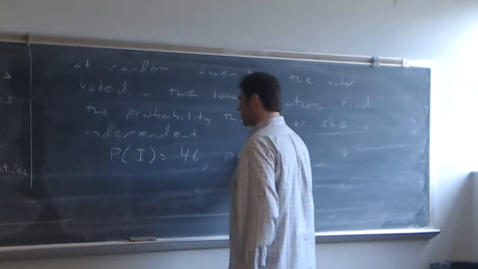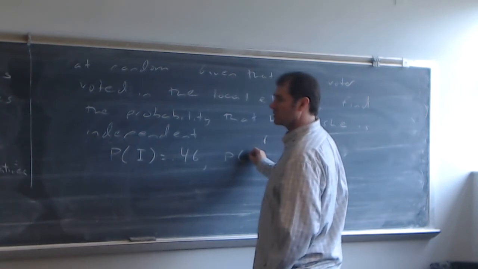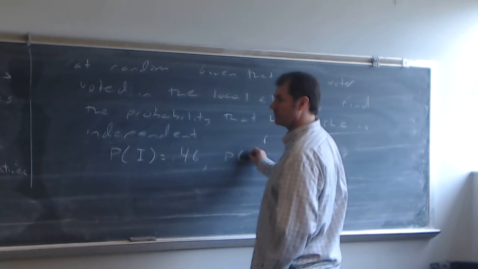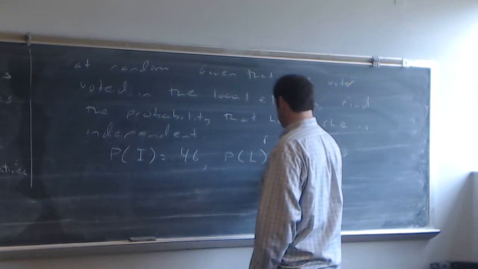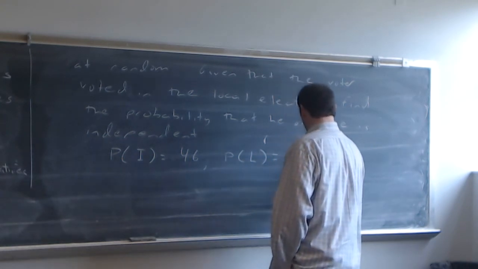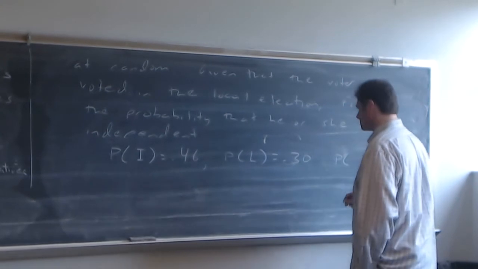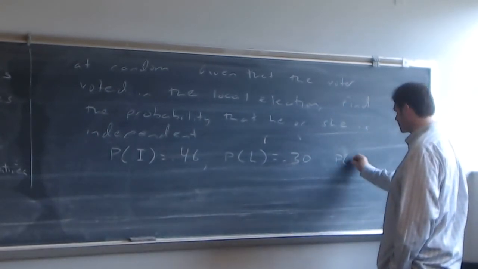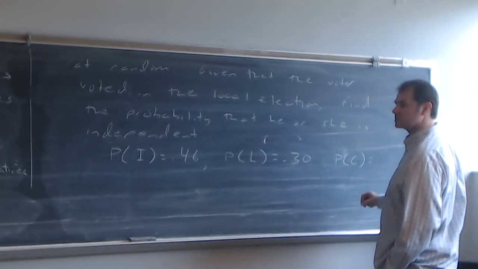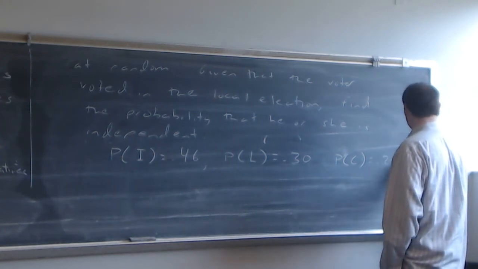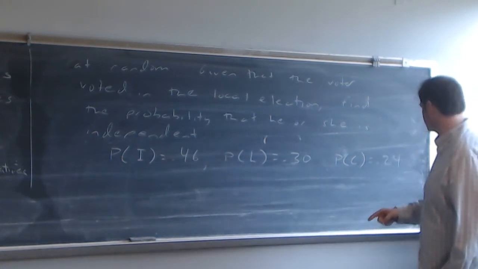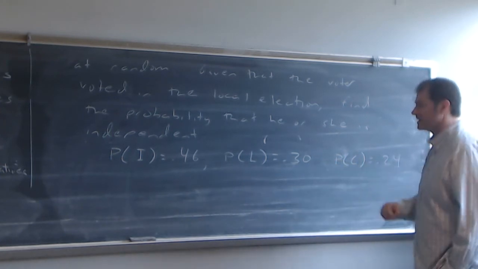Also from the problem, the probability of picking somebody at random as liberal is 30%, so 0.30. And the probability of conservative is 24%, so 0.24. Let's make sure this adds up to 1. Yes, it does.